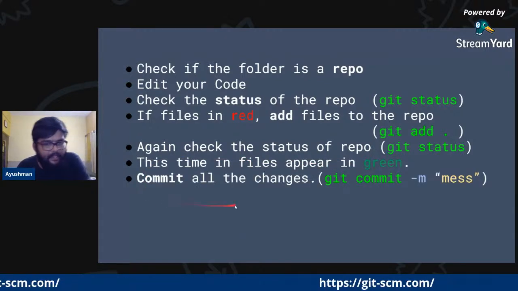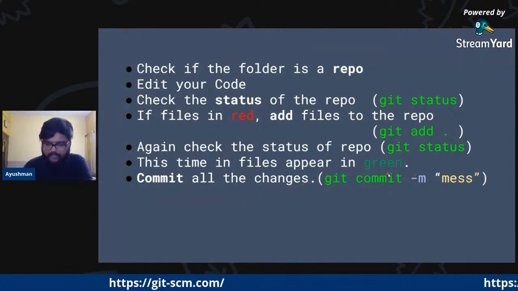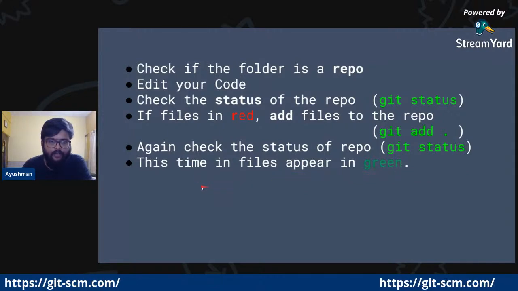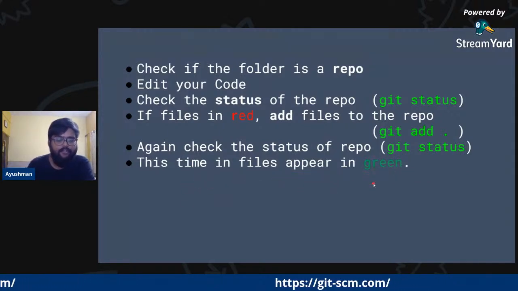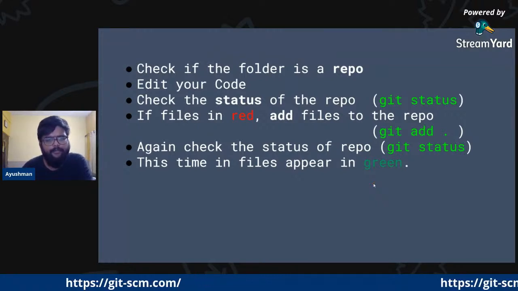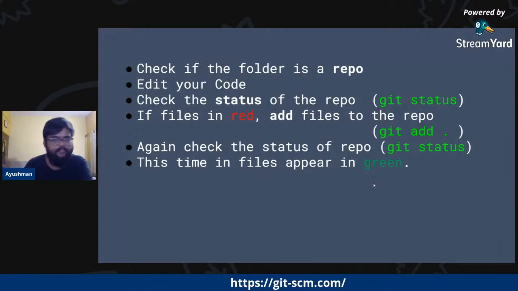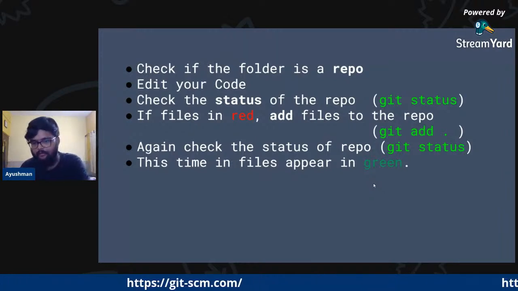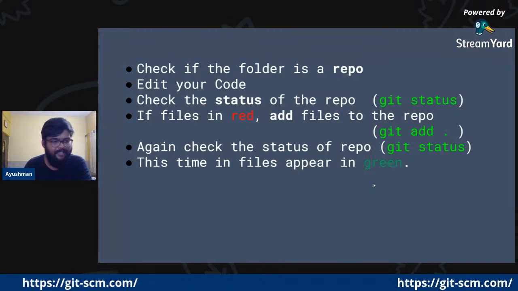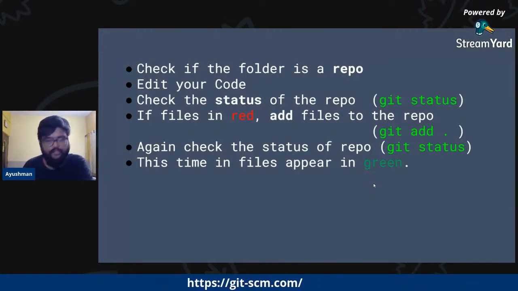Now you need to commit all your changes. From this step, where you have added your files to the repository, you can again delete them from your repository. That's up to you. But in case you want to delete your files from the repository, you can use one command, git rm, which I'll talk about later in the practical demonstration.